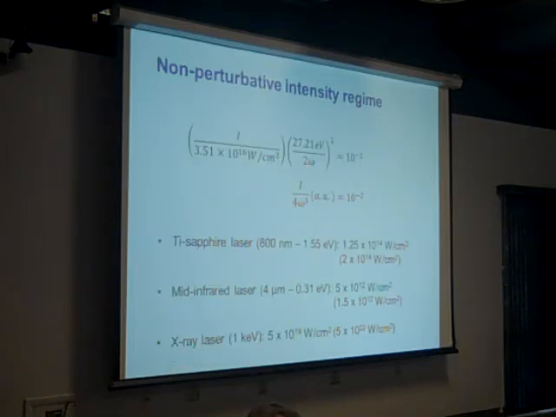If you look at the numbers that we derived before, and now the numbers derived with this, you see we are getting approximately the same number. For titanium sapphire, almost the same. Even for the mid-infrared, almost the same. We are making rough estimates, maybe in order of magnitude only.